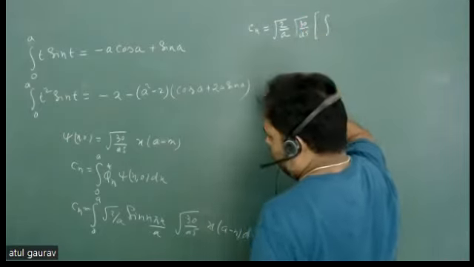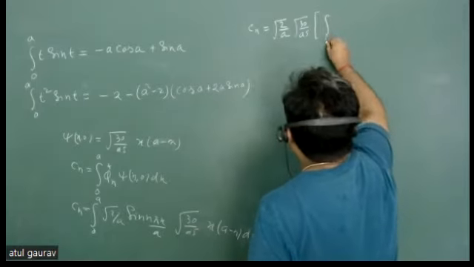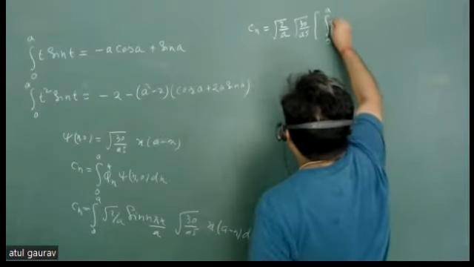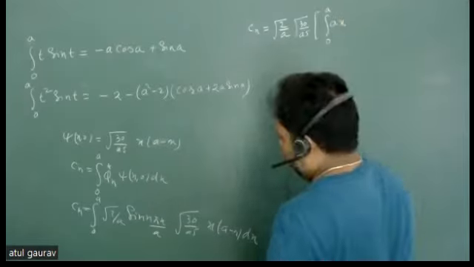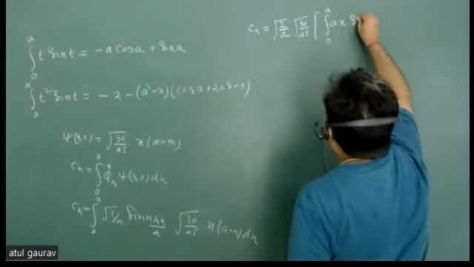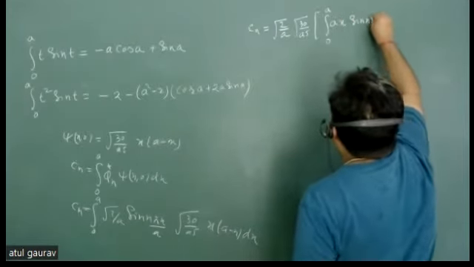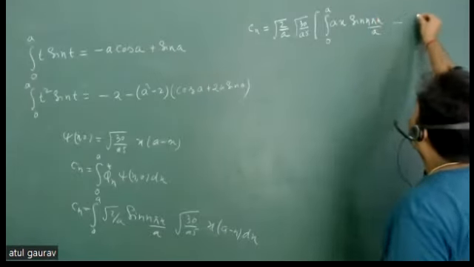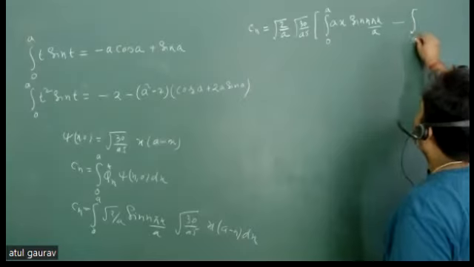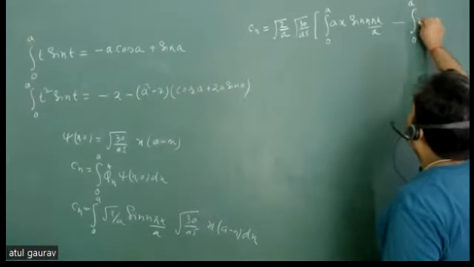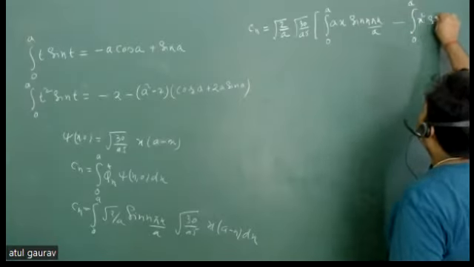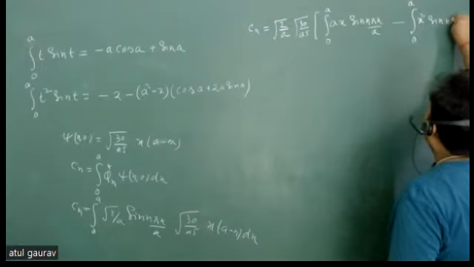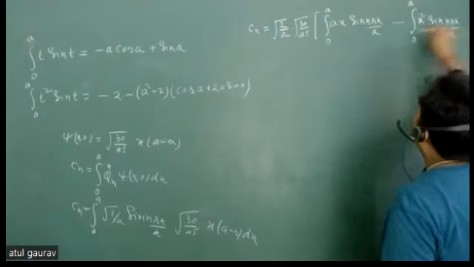The first integration is the integral from 0 to a of a x sine n pi x upon a, and the second integration is minus the integral from 0 to a of x square sine n pi x upon a. Obviously dx will be there.